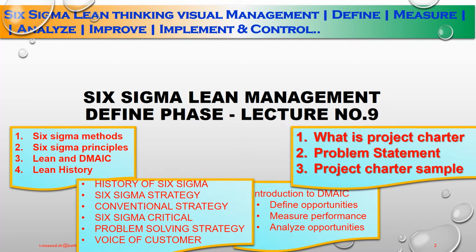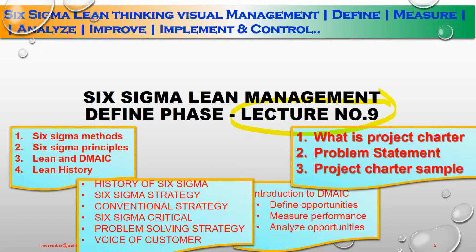So in lecture number 9, before starting the key takeaway points, let me give you a brief of what we have discussed so far. We have discussed Six Sigma methods, Six Sigma principles, Lean and DMAIC, Lean history, Lean and DMAIC: define, measure, analyze, improve and control mechanism.